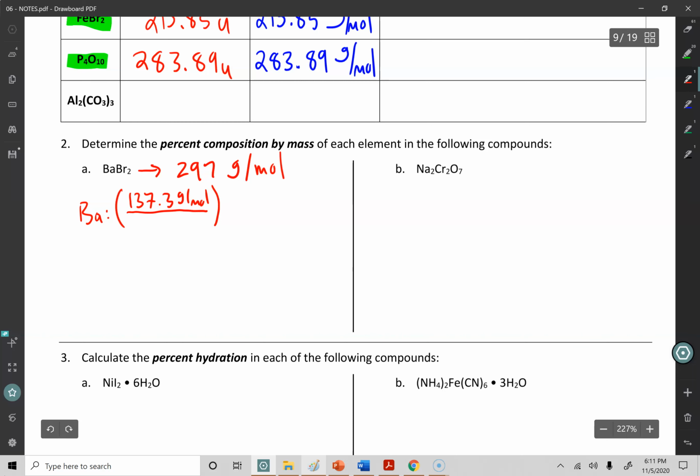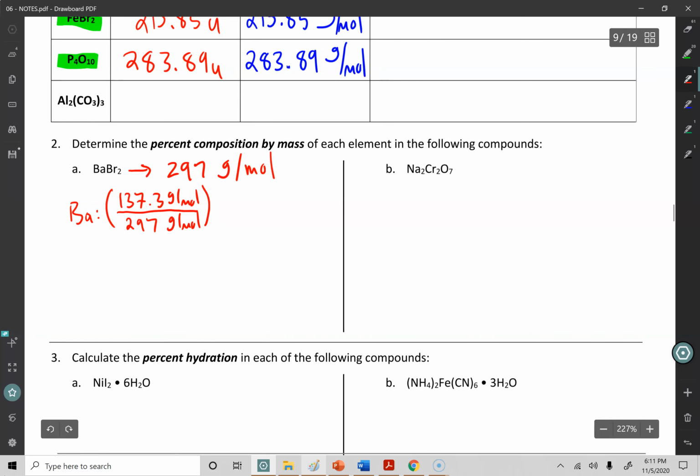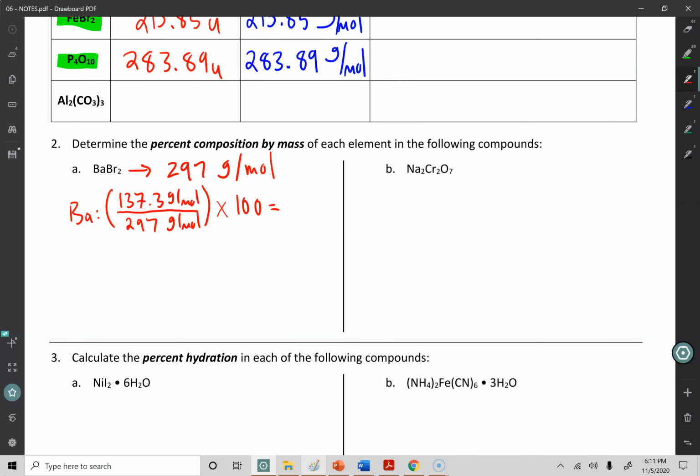I know the molar mass of this compound is 297 grams per mole. And since it's a percentage, I'll multiply by 100. Now I'm set up to figure out the percent composition of barium in this compound. The grams per mole will just cancel each other out. And to the nearest whole number, I get a percent mass of approximately 46%.